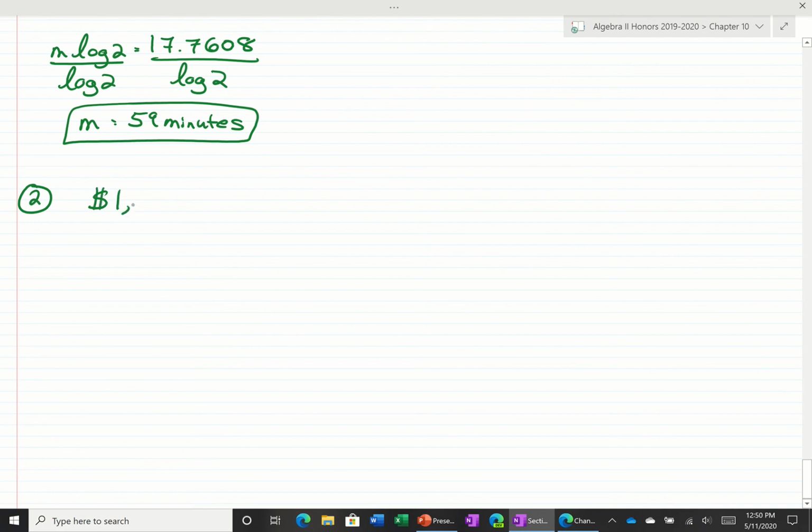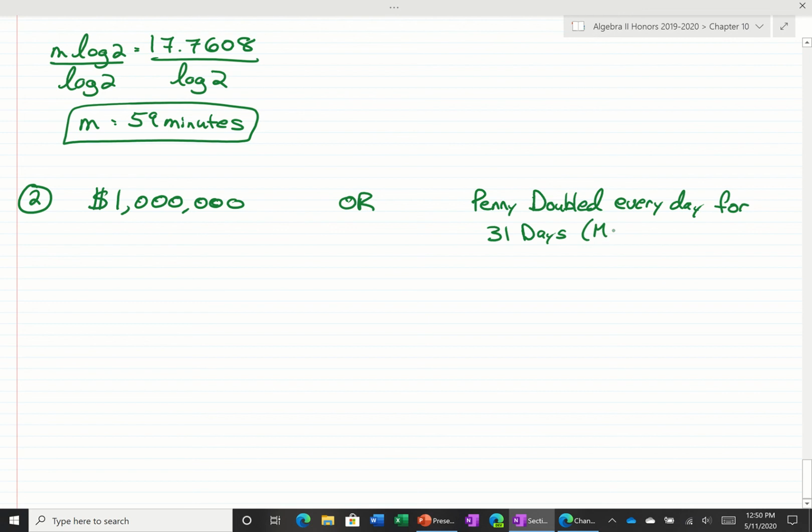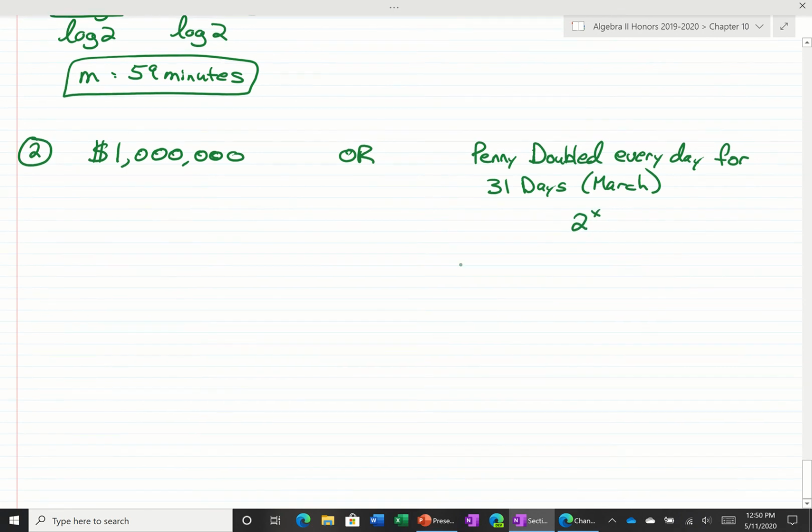One option is having $1 million in cash, or having a penny that gets doubled every day for 31 days, which is how many days are in March. Well, if we have something doubling, we know that we're going to have to use a 2 to the x formula. So let's see if we could figure this out.